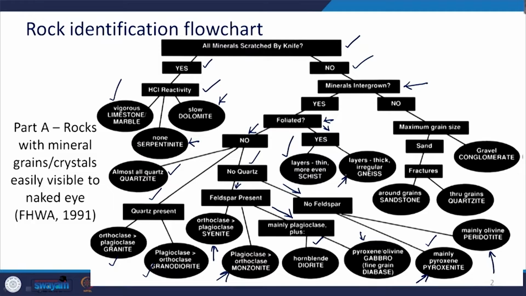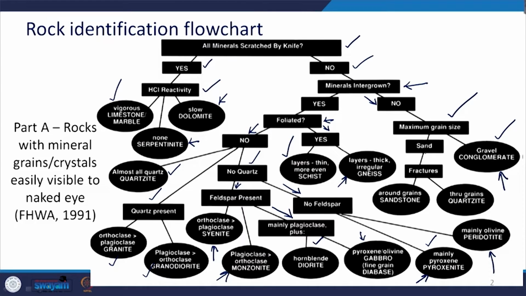If the minerals are not intergrown, we have to follow this path. Then we have to see what is the maximum grain size. According to that, you can have gravel, and we can identify that rock as conglomerate.